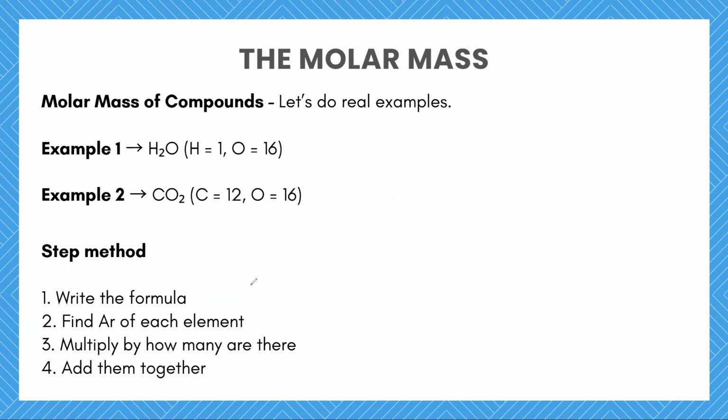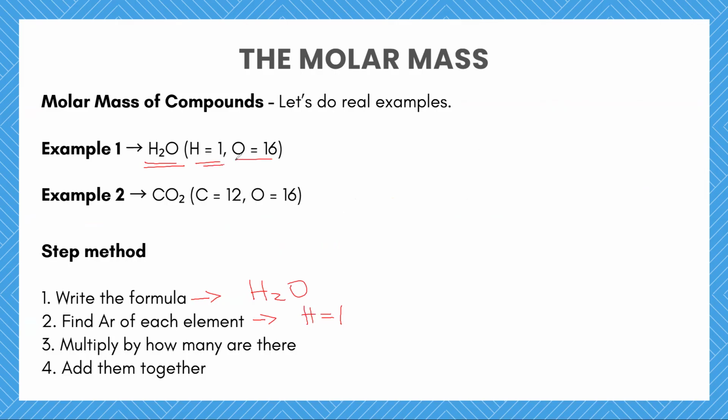We have the first example, which is water, H2O. Let's see if we can calculate the molar mass of water. Step 1 is to write the formula. The formula is H2O. Step 2 would be to find the relative atomic mass of each element. Hydrogen has a relative atomic mass of 1. It's given over here.